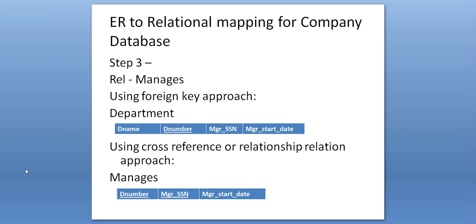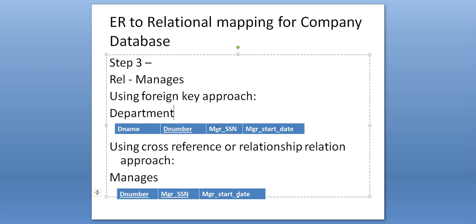That's why I am having an attribute here as mgrssn. Mgr represents manager. The name of the attribute I changed to mgrssn. In the employee relation it was only ssn, isn't it?